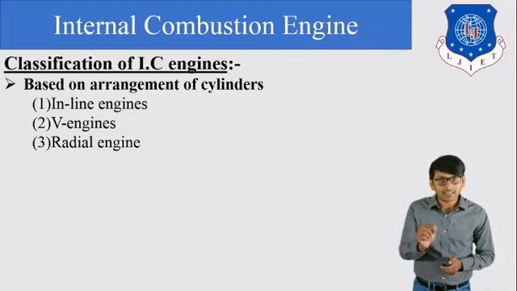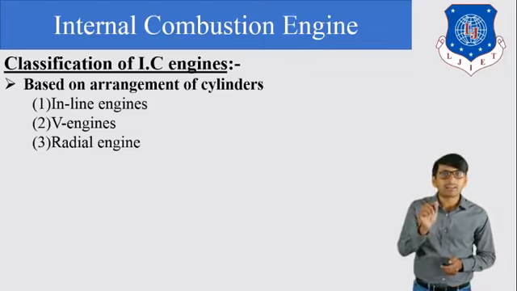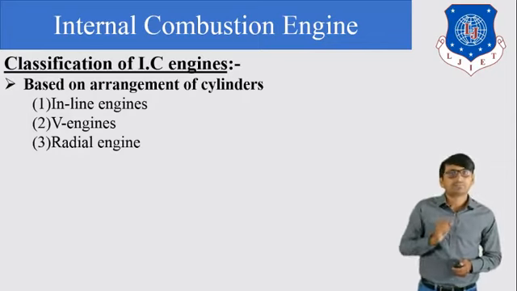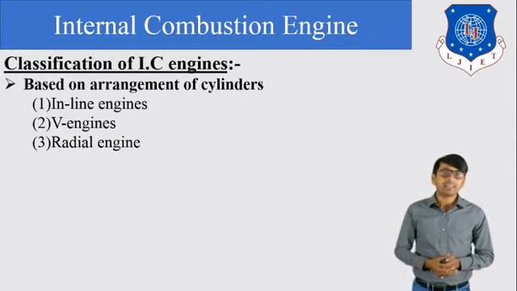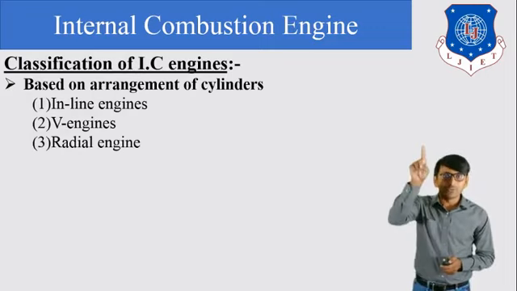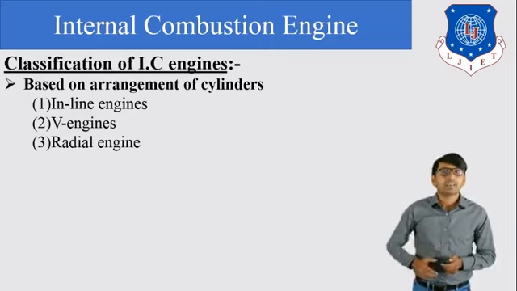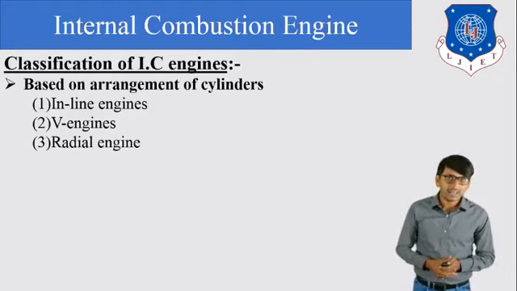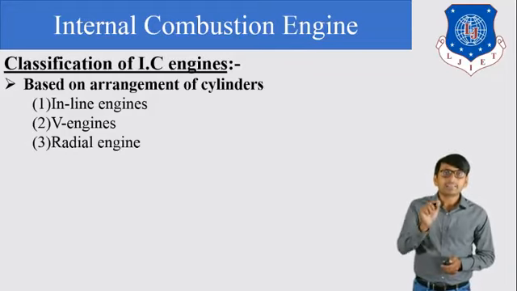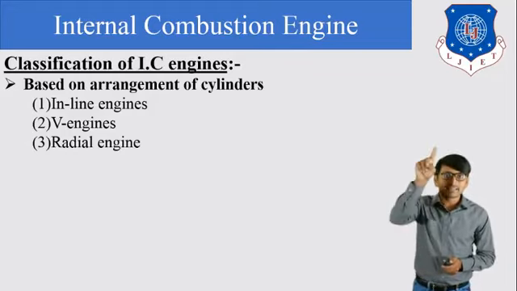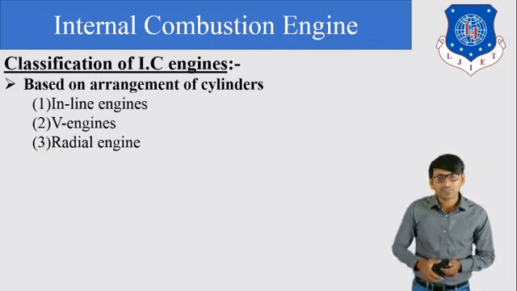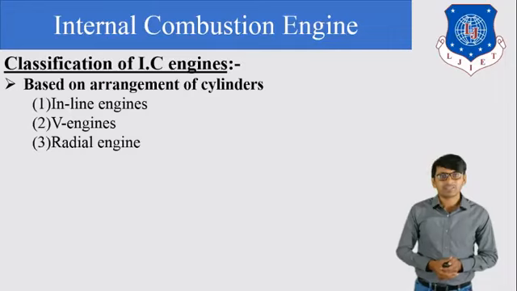So in an inline engine, all the cylinders are connected in one line. Second, V engine. So in a V engine, cylinders are arranged in V shape. And third, radial engine. In a radial engine, cylinders are arranged in circular shape. That is radial shape. So that is a radial engine.